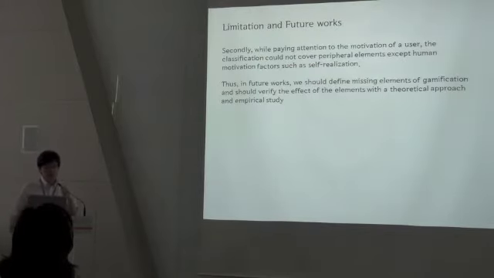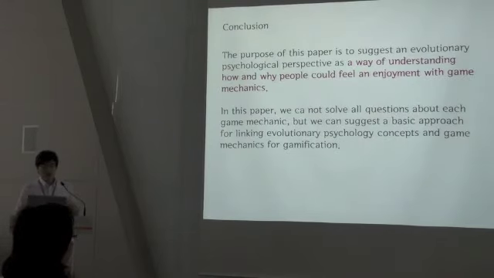And secondly, while paying attention to the motivation of users, the classification could not cover peripheral elements of human motivation, such as self-realization or other interactivity factors in games. So yeah, in conclusion, this paper suggests an evolutionary psychological perspective as a way of understanding how and why people could feel enjoyment with game mechanics.